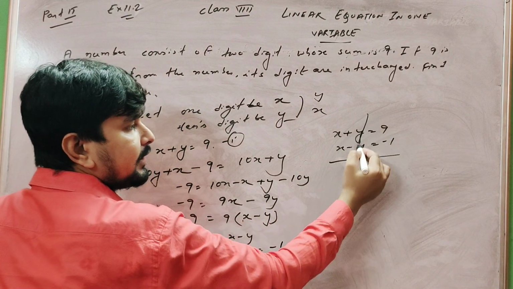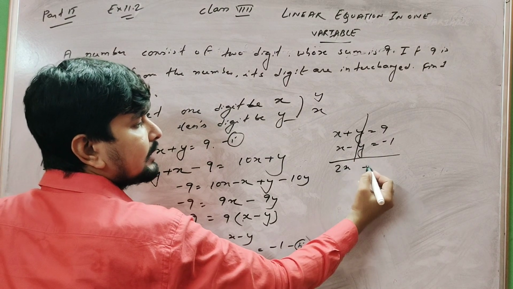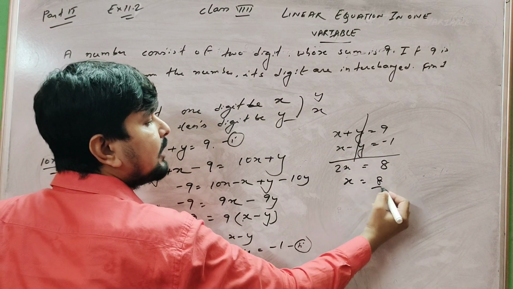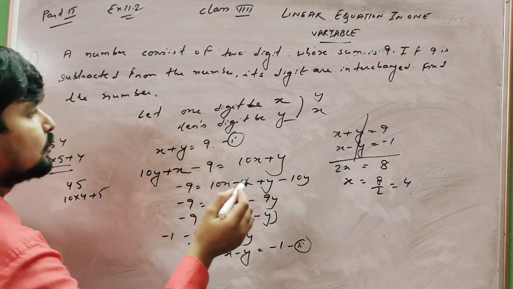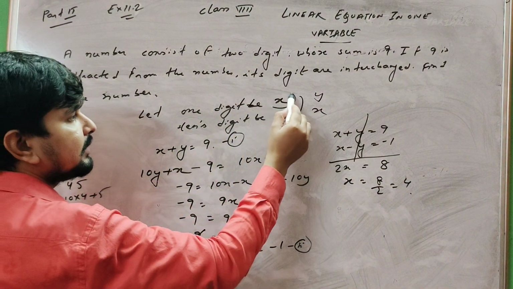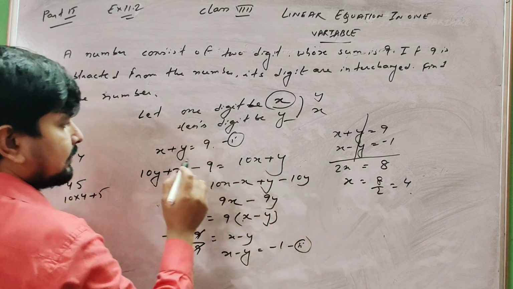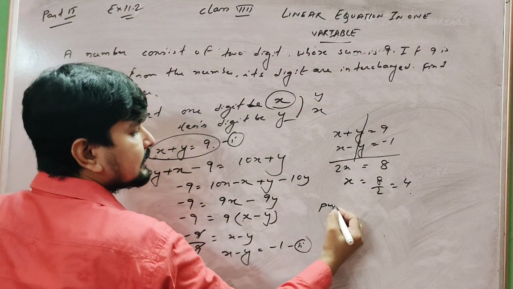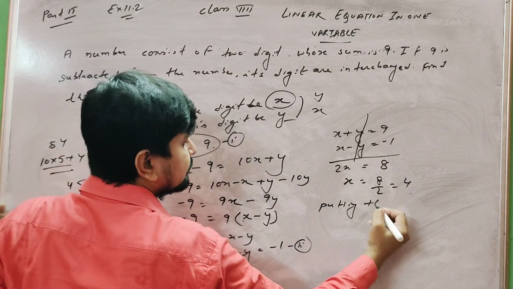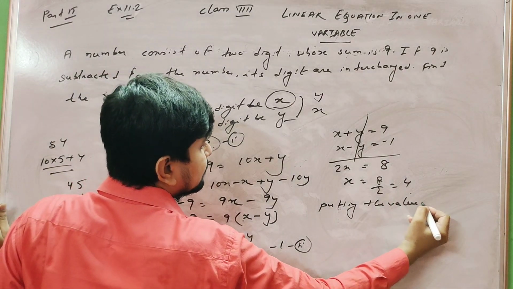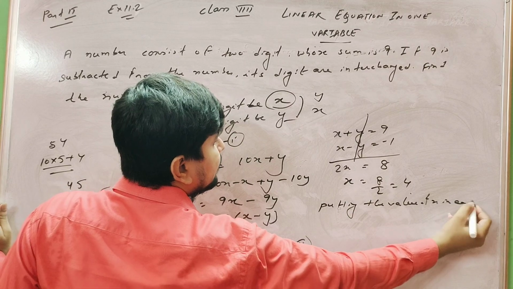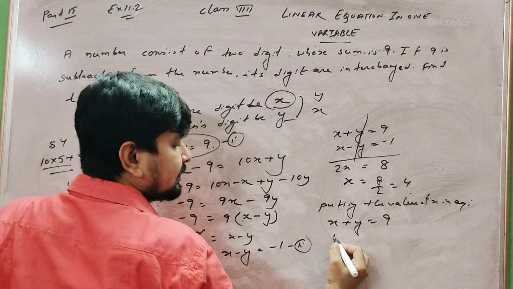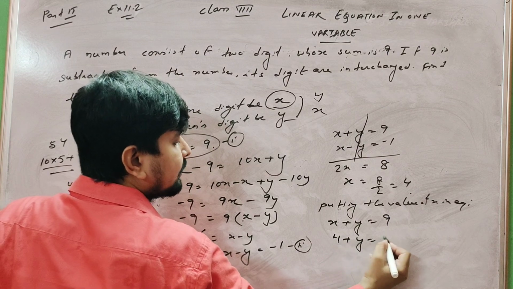So plus y and minus y cancel, 2x equals 9 minus 1, which is 8. So x equals 8 upon 2, that is 4. So we confirm the ones digit is 4. Putting the value of x in equation 1, x plus y equals 9, in place of x we write 4 plus y equals 9.